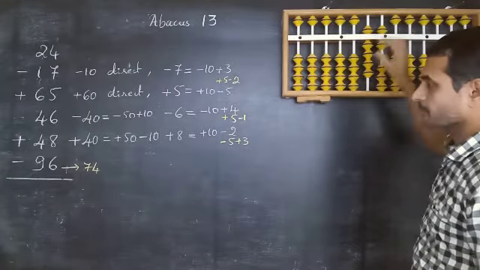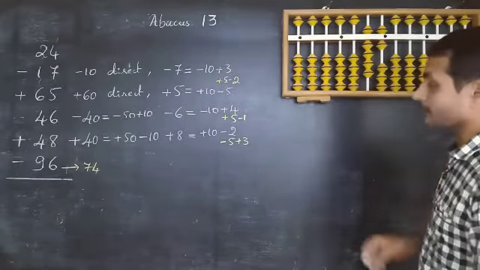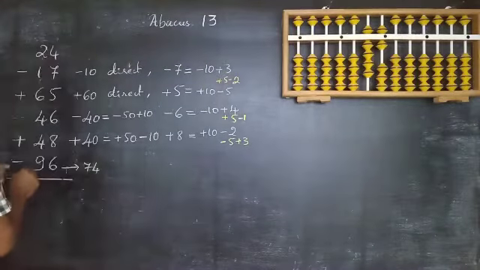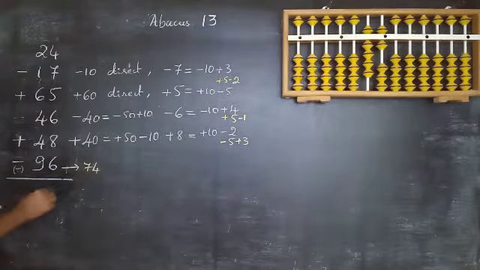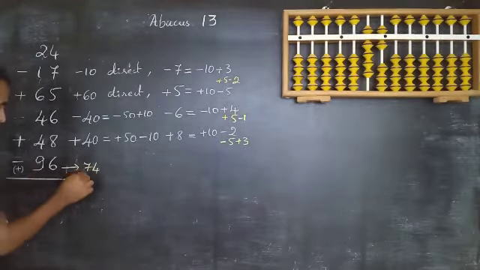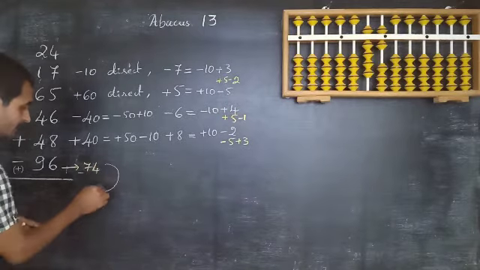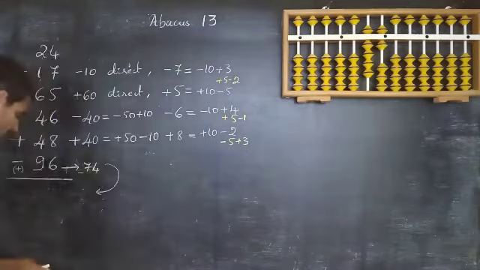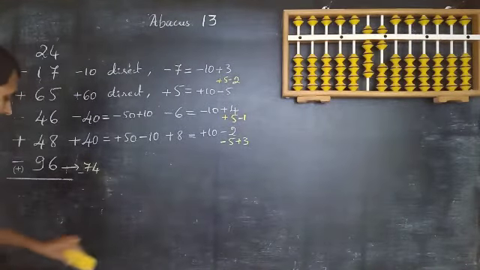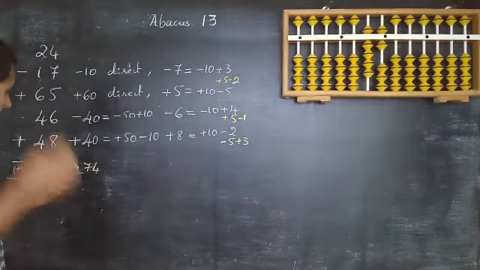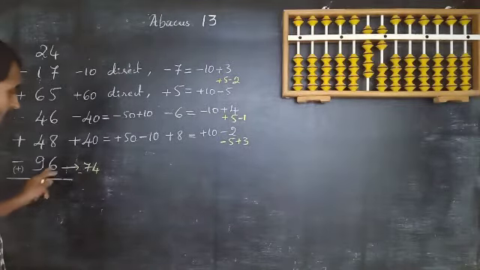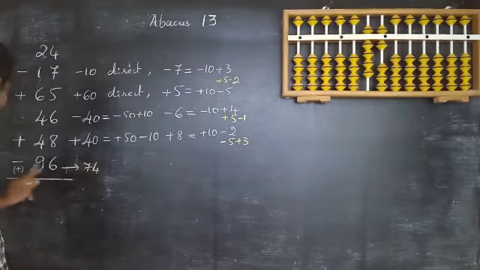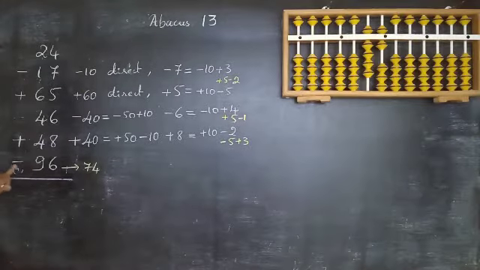96 means that negative number we have to take as positive, and the positive number we have to subtract. Means change the symbol of this so that you will get the answer, then again change the symbol. When there are two numbers having opposite signs, greater number minus smaller number, and then the symbol of the greater number.